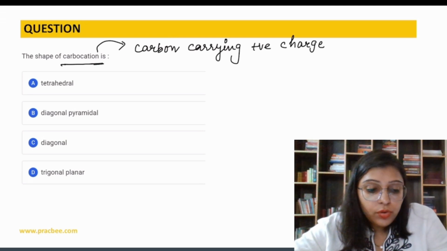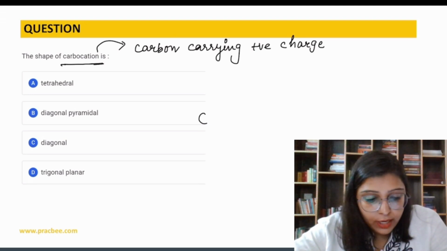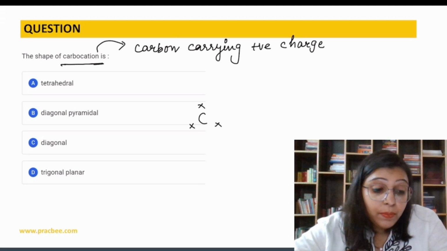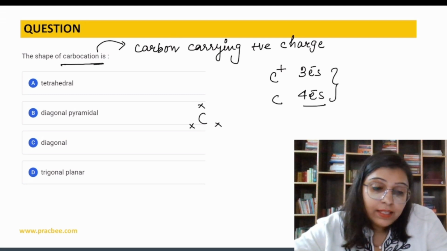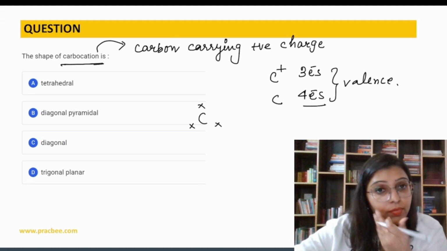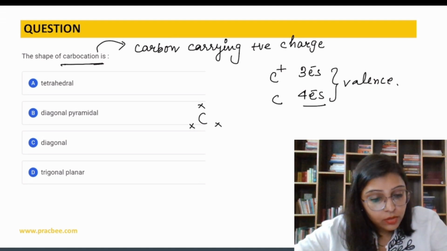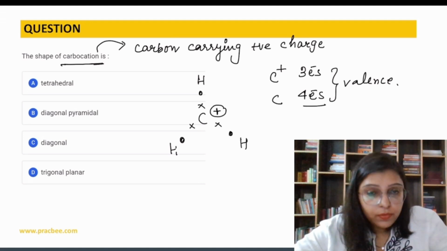So we know that in neutral carbon we have 4 valence electrons. But in carbon positive, or carbocation, we have how many electrons? Only 3. So hydrogen, hydrogen, hydrogen, and positive charge.